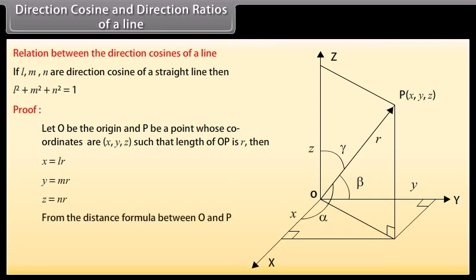From the distance formula, the distance between O and P equals square root of (x minus 0) square plus (y minus 0) square plus (z minus 0) square. So x square plus y square plus z square equals r square, name it as 1.